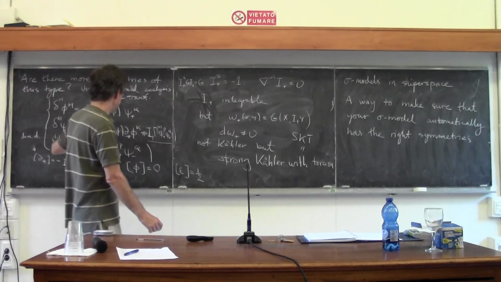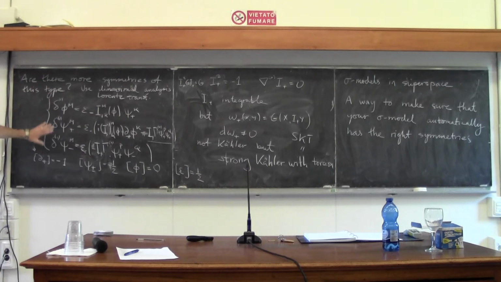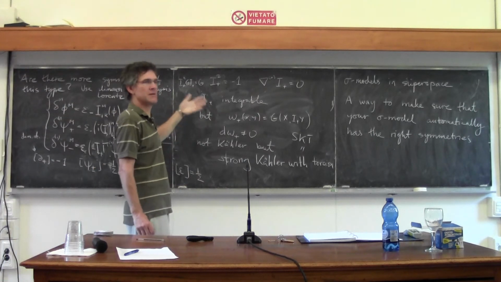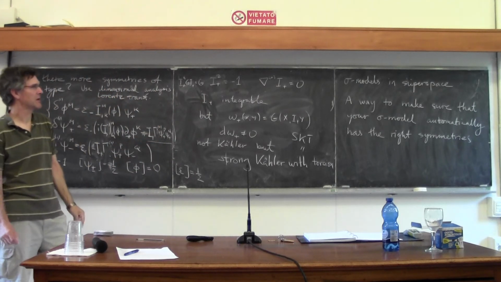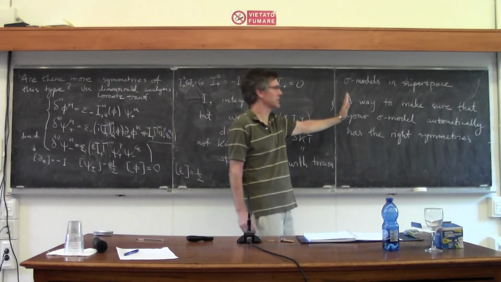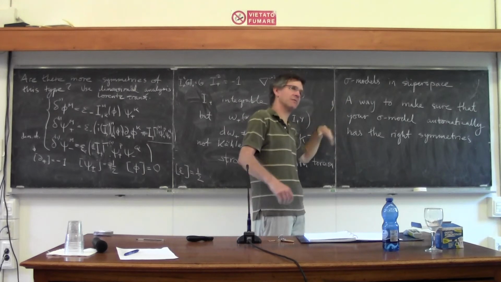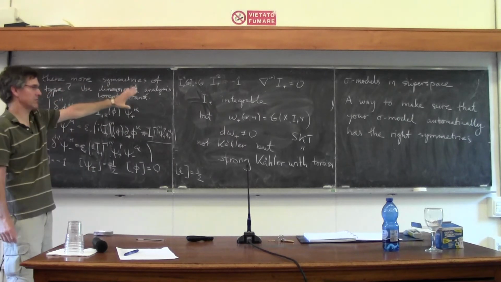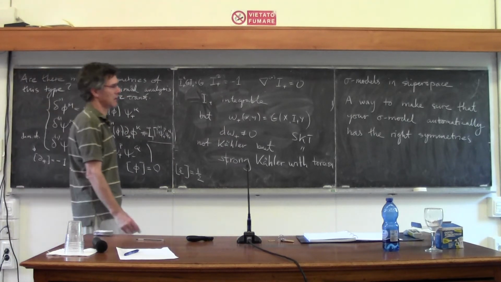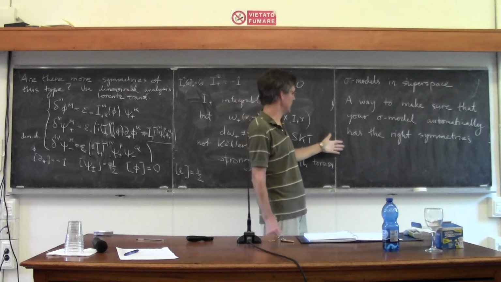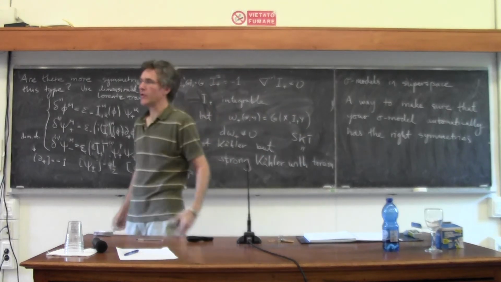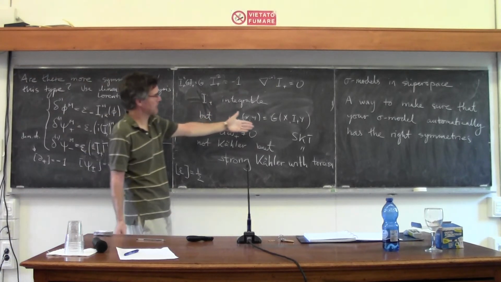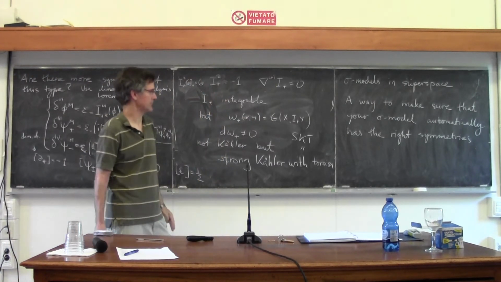So instead of writing down nonsense for the transformations, seeing what they imply for the geometry, and so on, you can write down sigma models using this formalism, and you automatically will have the right amount of supersymmetries, which means that whatever you do to the sigma model, you will talk about the specified type of geometry.